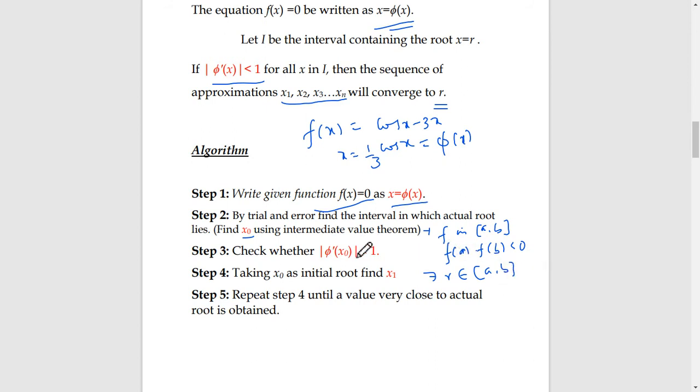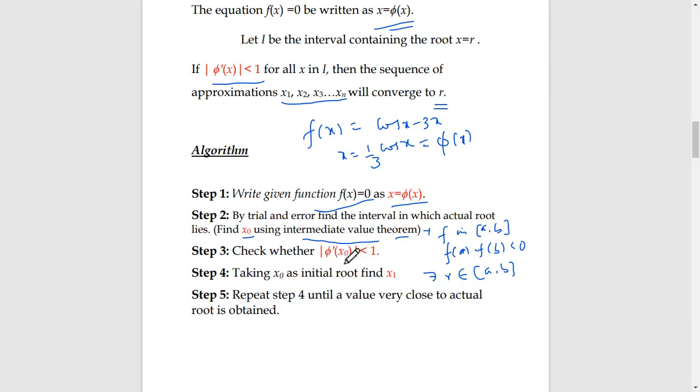This is the intermediate value theorem. Let me repeat it again. If f is a continuous function in the closed interval a comma b and f of a into f of b is less than 0, then there exists a root r in the interval a comma b.